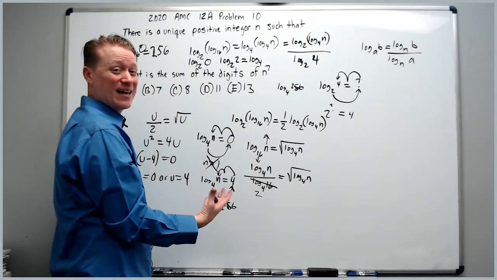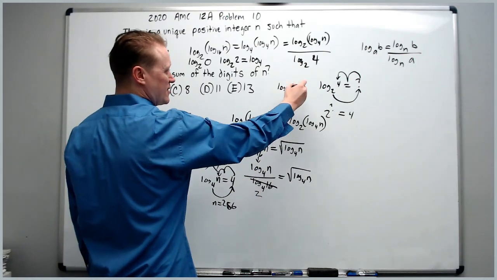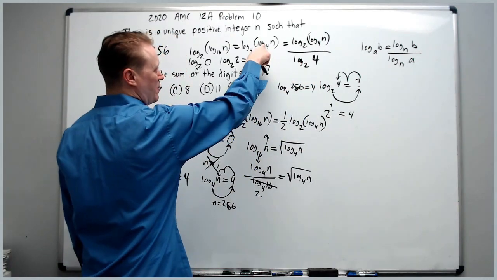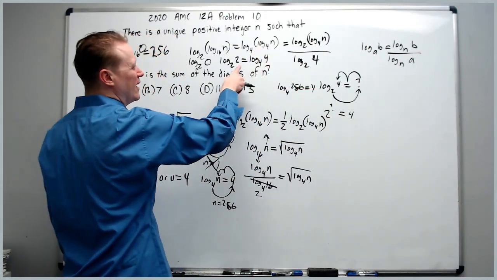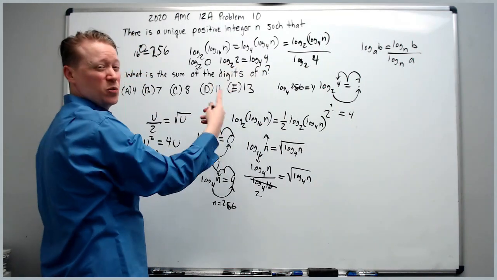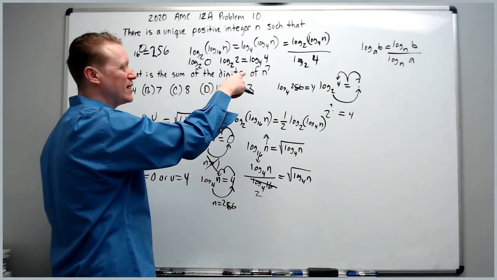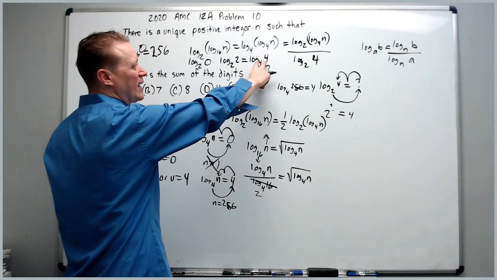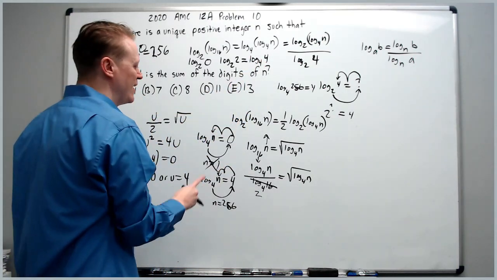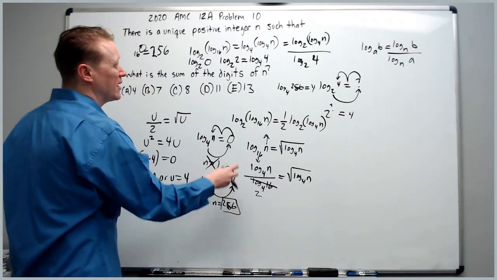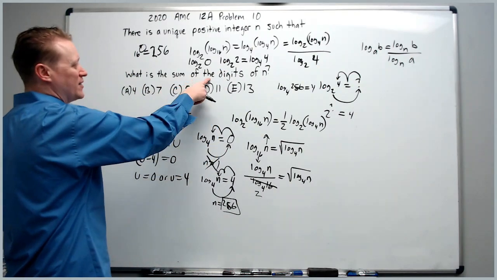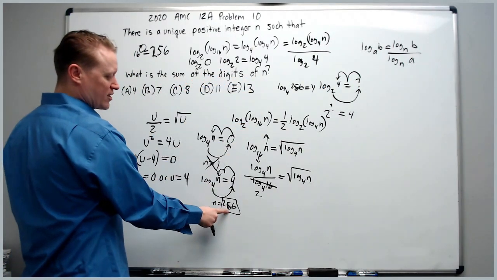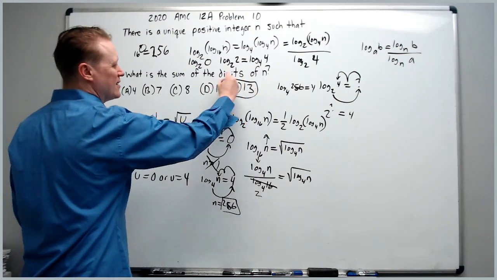Well, we just did that. It's 4 to the 4th power. So this expression equals 4, and that means the 4 is going to be right here. Log base 2 of 2 is 1 because it's 2 to some power equals 2, which is the first power, and so is this for the same reason. Therefore, 256 works, but we want the sum of the digits of n. 2 plus 5 is 7 plus 6 is 13.